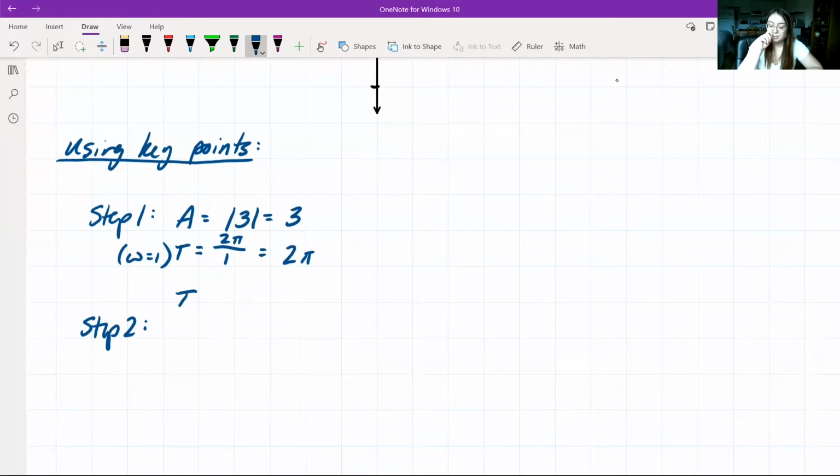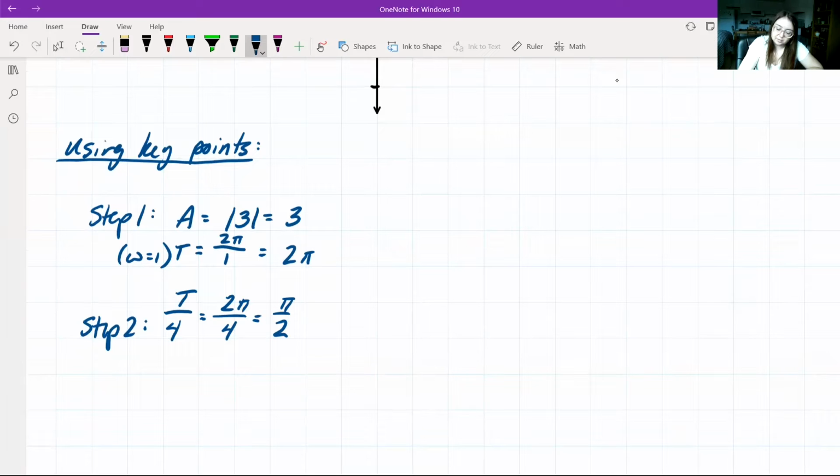So we want to divide into 4 equal subintervals. We know that our period is 2 pi, so 2 pi divided by 4 is going to be pi halves. So each of our subintervals needs to have a length of pi halves, and we're looking between 0 and 2 pi.